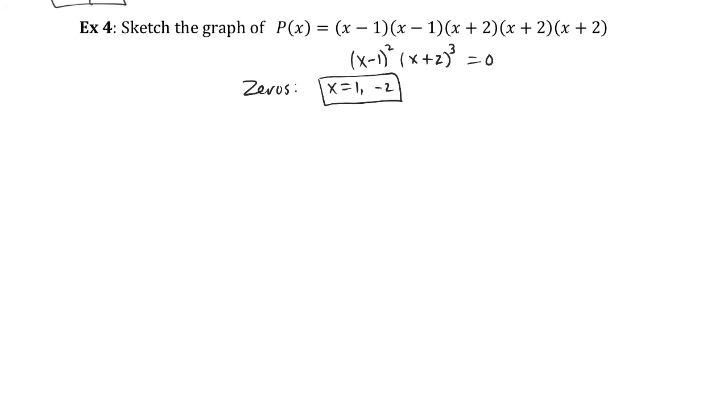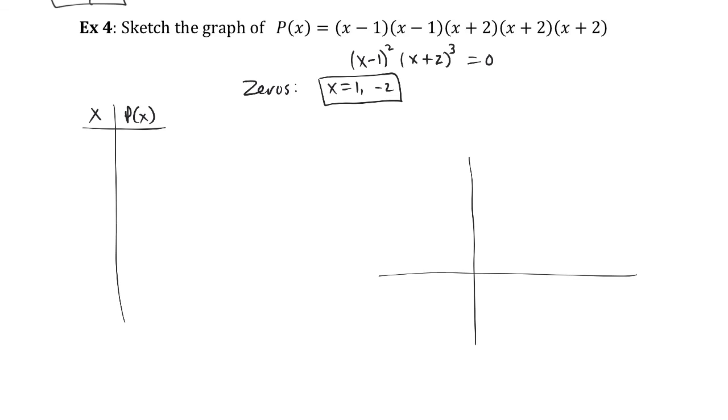Okay, so when I go to make my XY chart, at 1 we have a 0, and at negative 2 we have a 0.